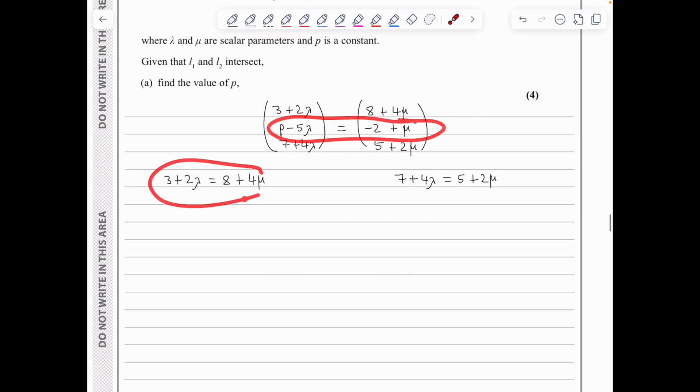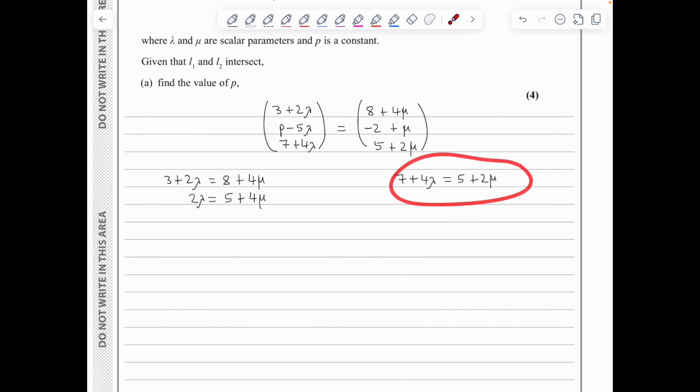So from 3 plus 2 lambda is 8 plus 4 mu, we get that 2 lambda is equal to 5 plus 4 mu. And from 7 plus 4 lambda is 5 plus 2 mu, we get that 2 plus 4 lambda is equal to 2 mu. And if I divide throughout by 2, I get 1 plus 2 lambda is equal to mu, which means I can substitute: 2 lambda is equal to 5 plus 4 times (1 plus 2 lambda).